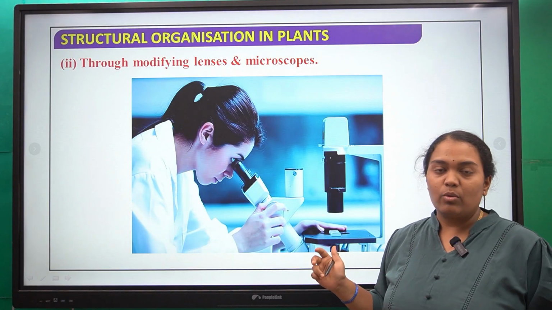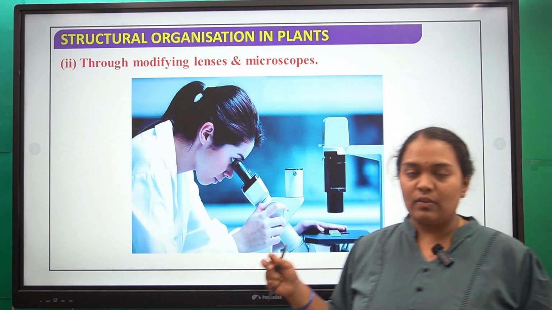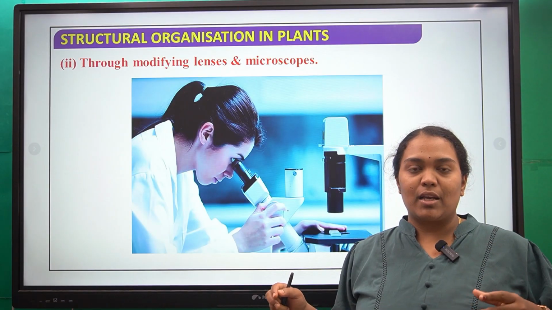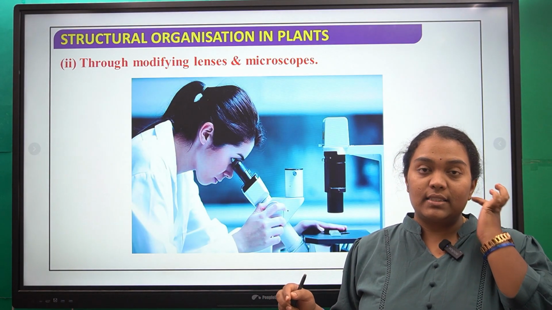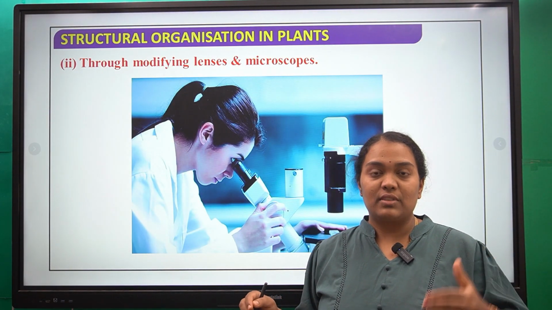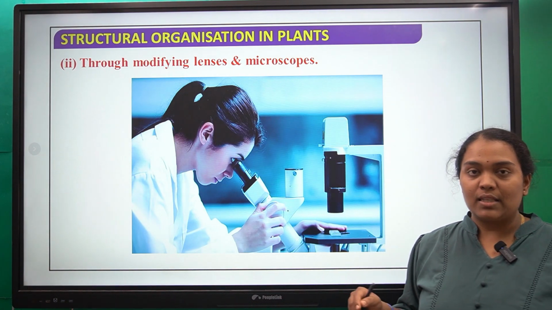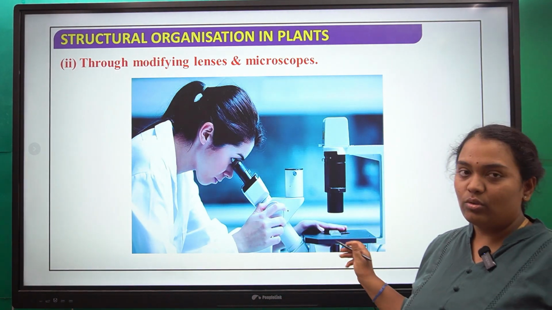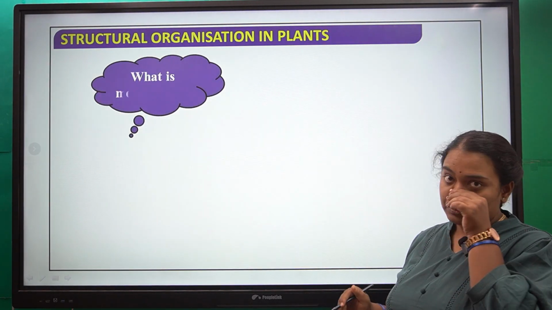So in the laboratory, we take a section of this plant or any organism, put it under a microscope and observe what are the different types of cells forming the different parts, how the tissues are working together. All this is observed through the microscope or lens.